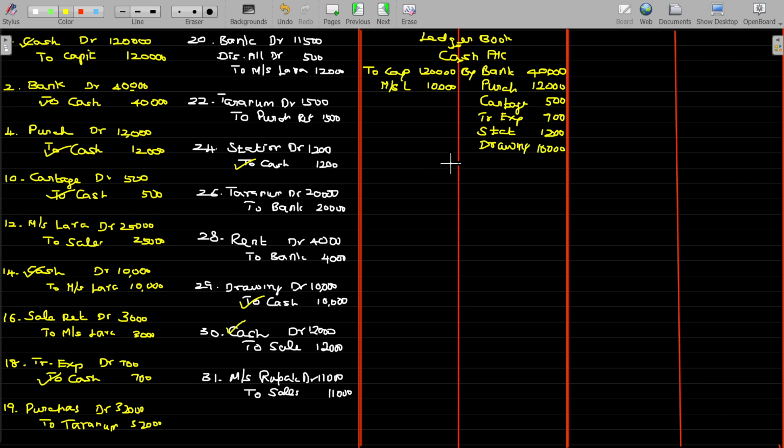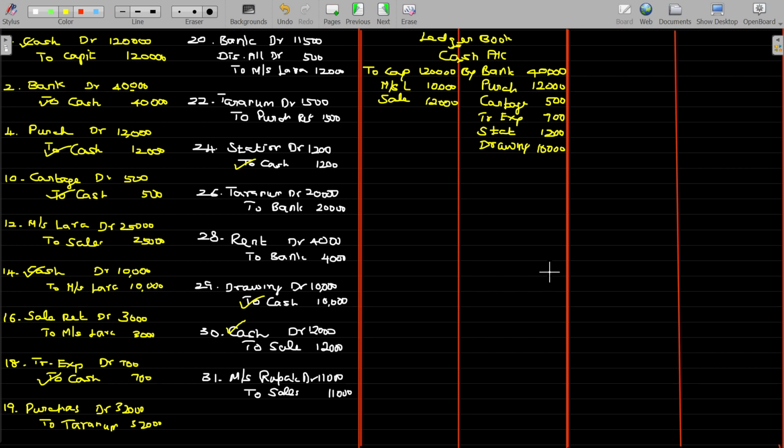On 30th, cash sales. The cash is in the debit side. So in the debit side, I have to write the opposite account name, which is sales, 12,000 rupees. As such, now I have posted all the items available for the cash account. Now I am going to tally this. Tallying is pretty simple.